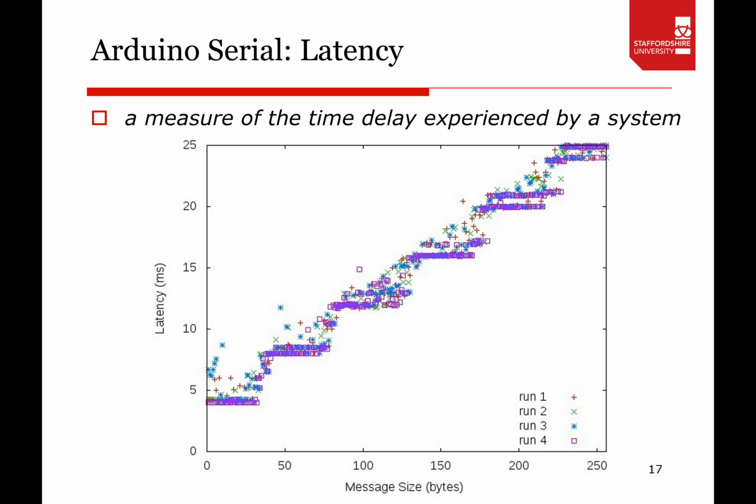Sometimes Arduinos can experience delay or latency. Dependent on the message size, a number of milliseconds can pass for a particular instruction to be executed. Now, this is problematic with certain applications.